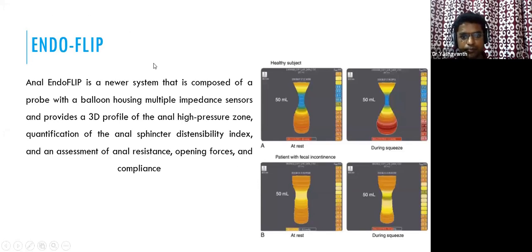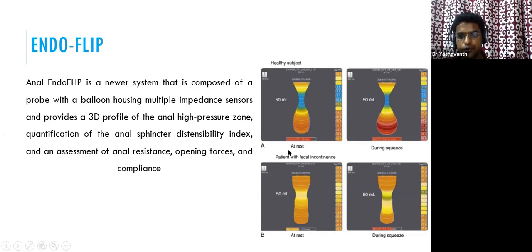So this EndoFLIP is in a trial phase now, which we use in the GE junction before and after POEM to assess the response, in the pylorus to know the pyloric tone, and also in the rectum to know the fecal incontinence. FLIP means functional luminal imaging probe, I forgot to mention.